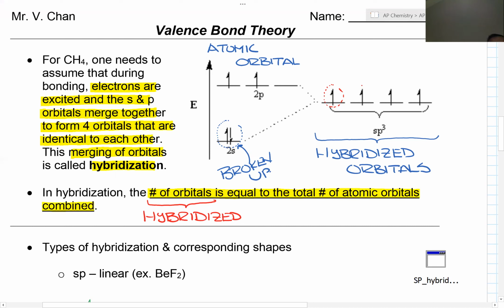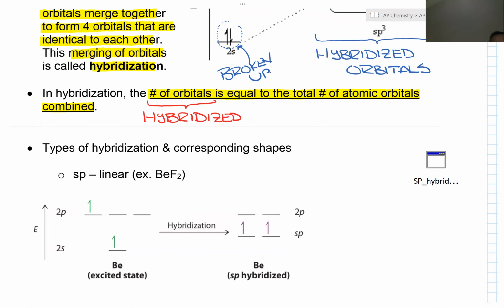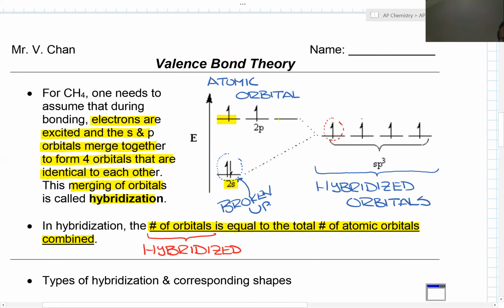Okay? So, for example, here we have the s and all of the 3 p's joined together. So 1, 2, 3, 4.